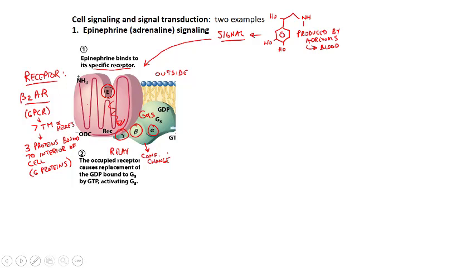And the reason these things are called G proteins is that they bind to GDP and GTP. So GDP, GTP, that's the same thing as ATP and ADP, except using a G nucleotide instead of an A. So what ends up happening is that the GDP gets swapped out in favor of GTP on the G alpha S. And when that happens, the G alpha S protein, now that it's bound to GTP, moves away from the complex.